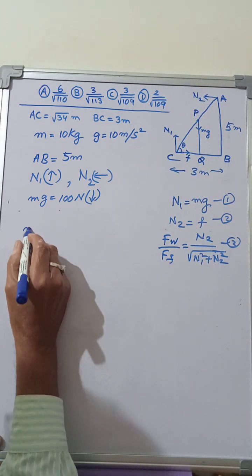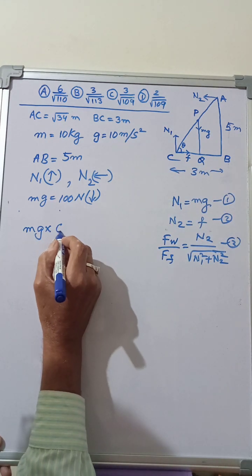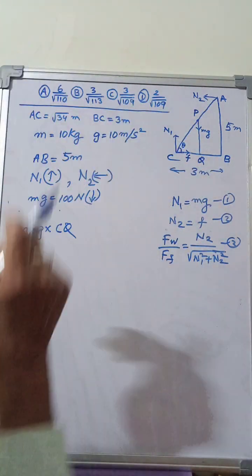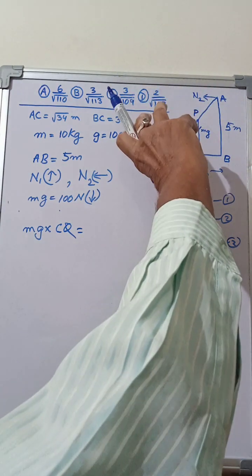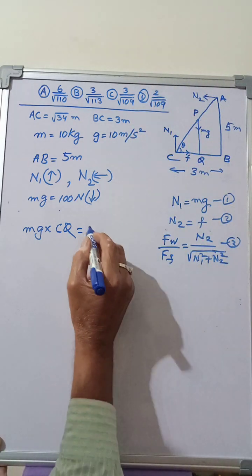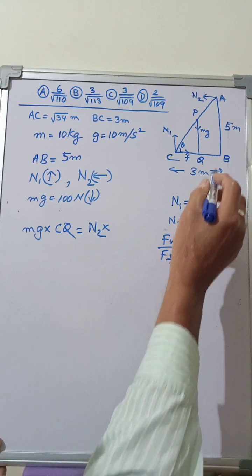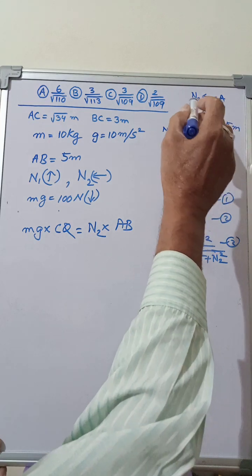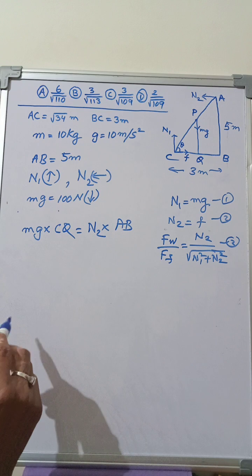So mg into CQ, which is the perpendicular distance of this force from point C. It should be equal to an anticlockwise moment, that is N2 will produce the anticlockwise moment. So N2 into AB, the perpendicular distance of N2 from the point C is AB.